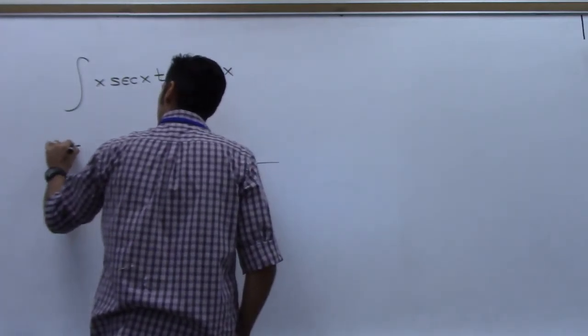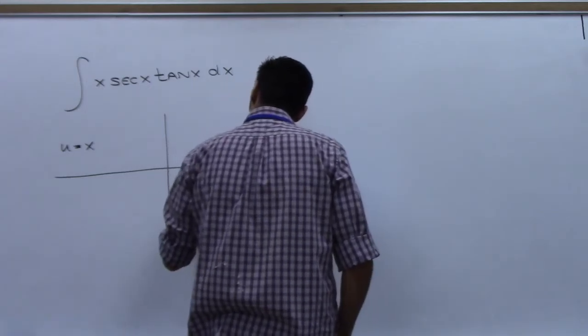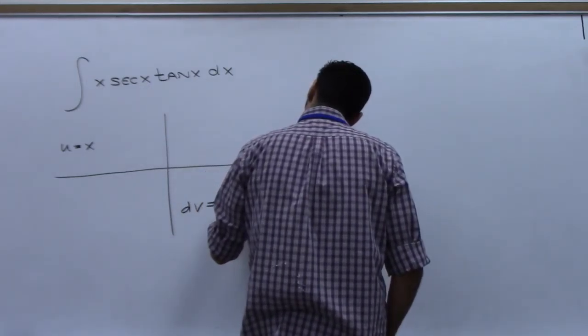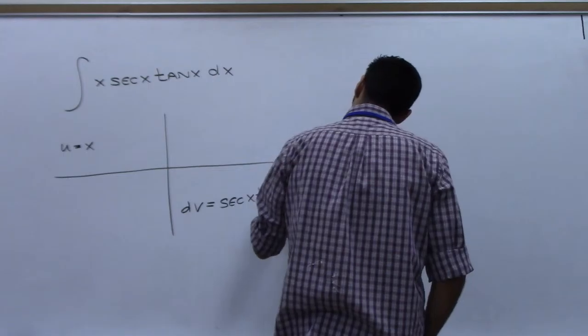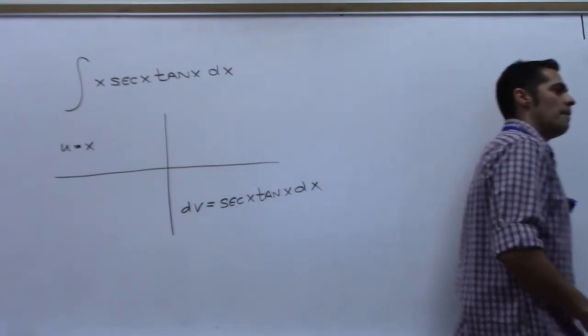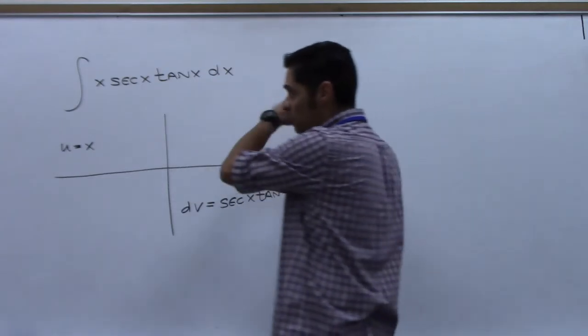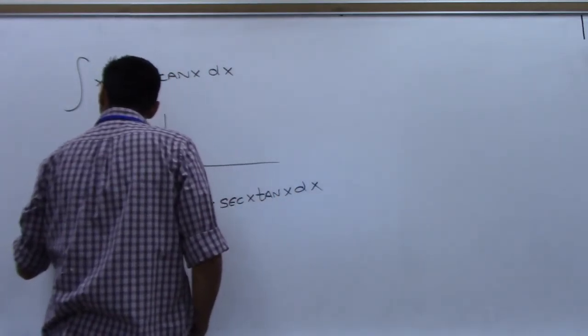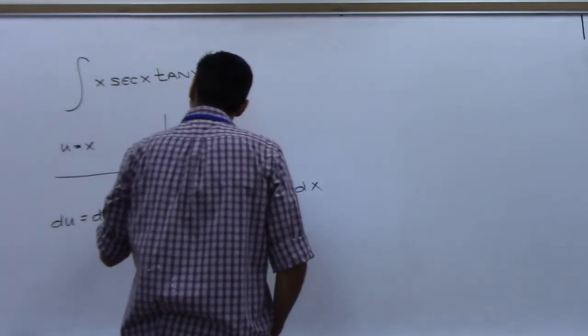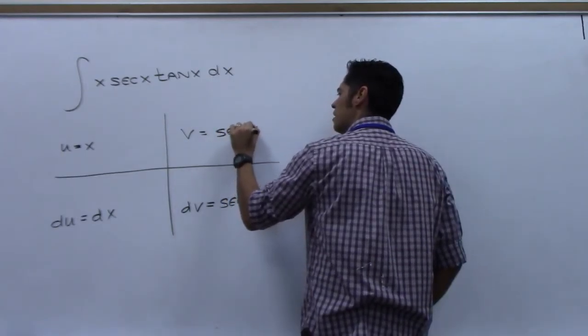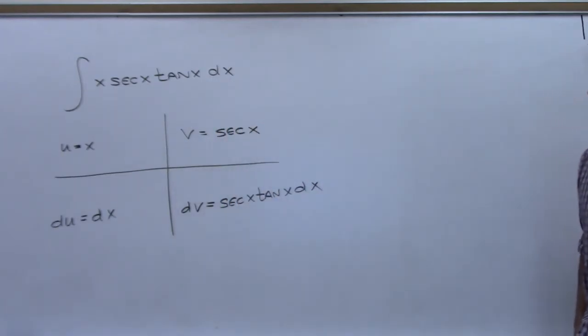If I let u be x and dv be secant x tangent x dx, then it's going to be pretty clean. We'll just finish it. We'll at least write the line up there. Du would be dx. V would be the antiderivative of secant x tangent x, which is just secant x.